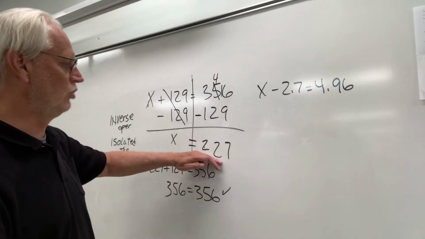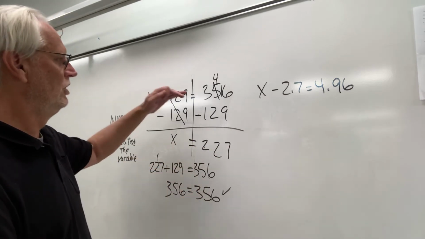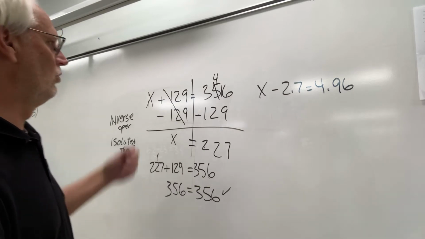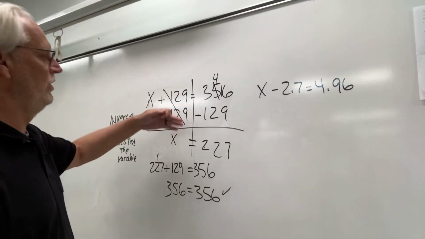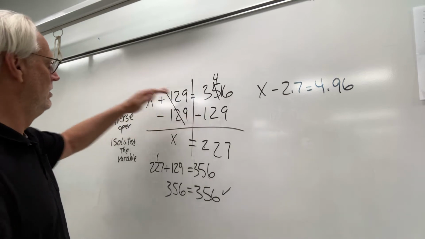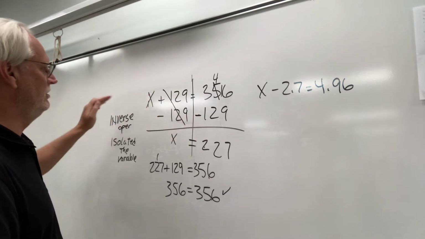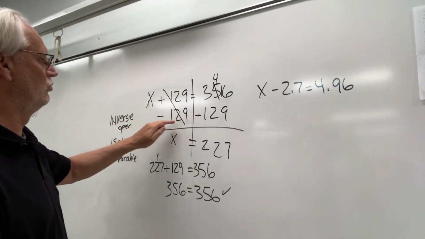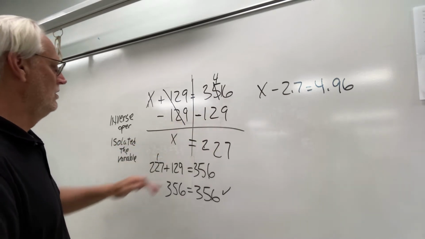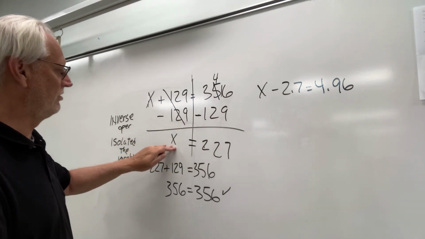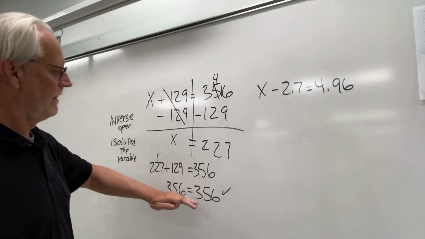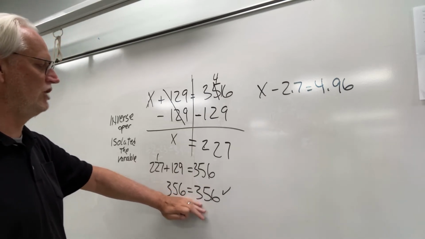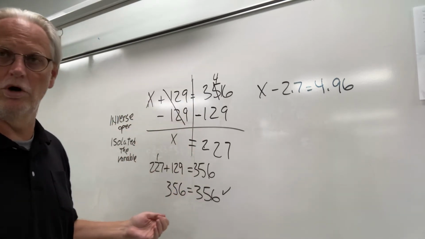So 227 is the solution to this equation. So what did we do here? We manipulated our equation by doing the inverse operation. We subtracted 129 from both sides. We ended up isolating our variable. We now have our check, so we worked our way through our problem.